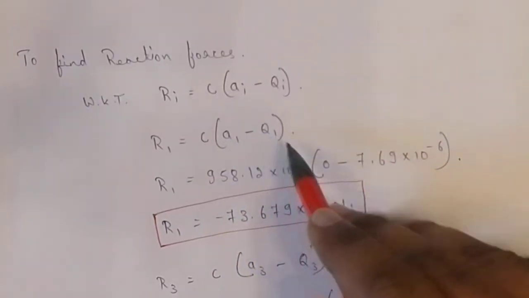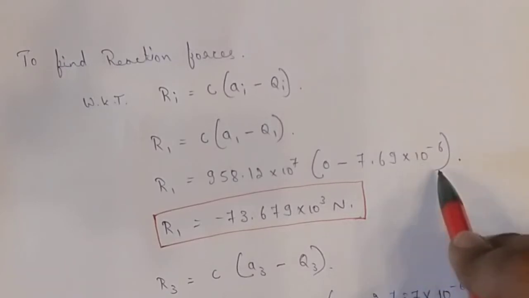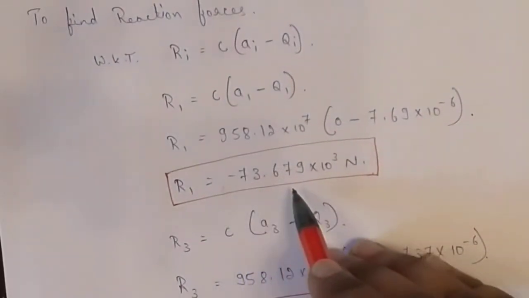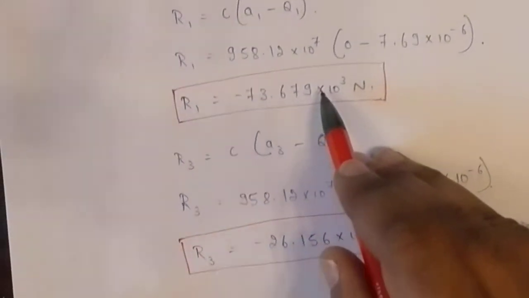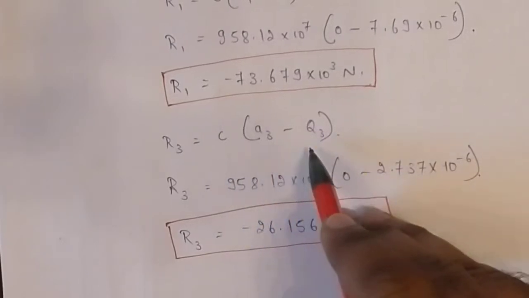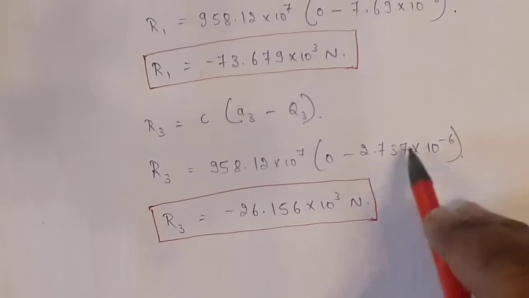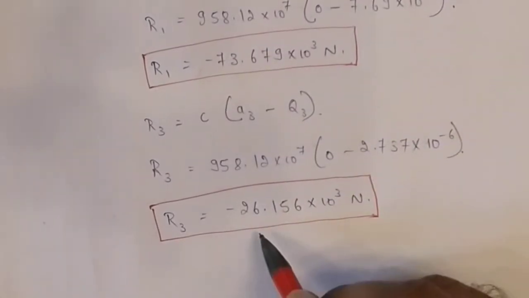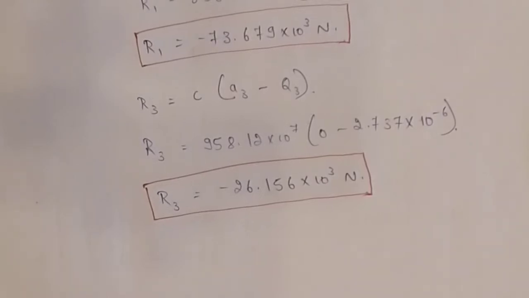A1 is 0, Q1 is minus 7.69 into 10 power minus 6. So you'll get R1 is equal to minus 73.679 into 10 power 3 Newton. Similarly, R3 is equal to C into A3 minus Q3. So R3 is equal to C A3 minus Q3. You will get R3 is equal to minus 26.156 into 10 power 3 Newton.